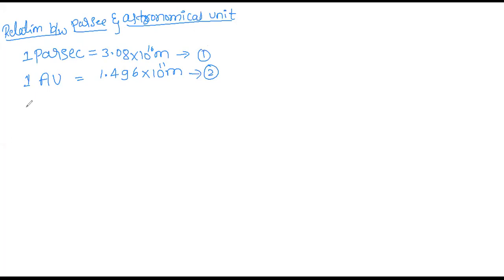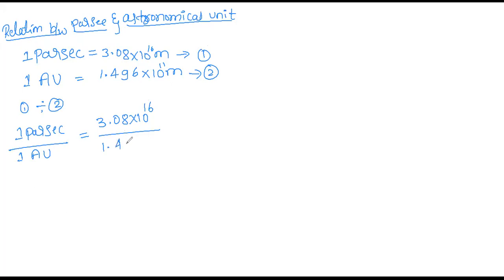Again we are going to divide equation 1 by equation 2. What is equation 1? 1 parsec divided by 1 AU is equal to, what is the value of 1 parsec? 3.08 into 10 to the power of 16 meter divided by 1 AU, which is 1.496 into 10 to the power of 11 meter. Both are meter, so they cancel.